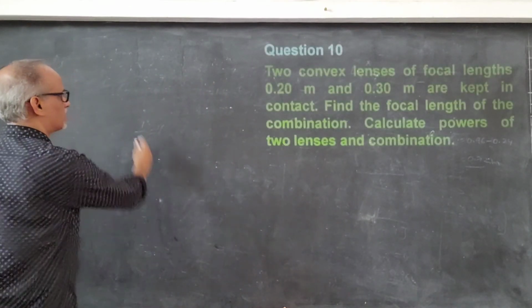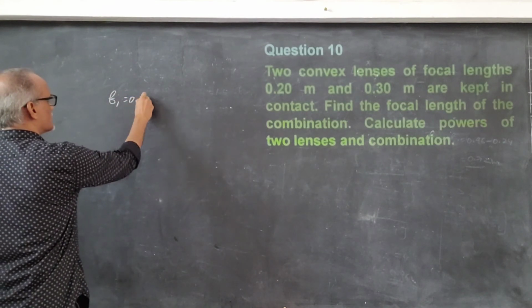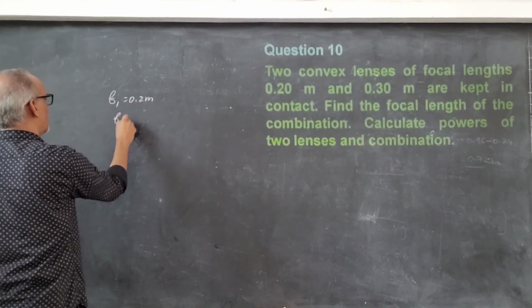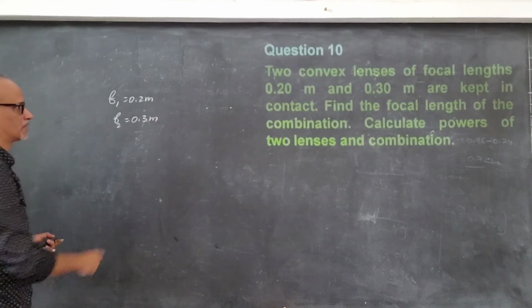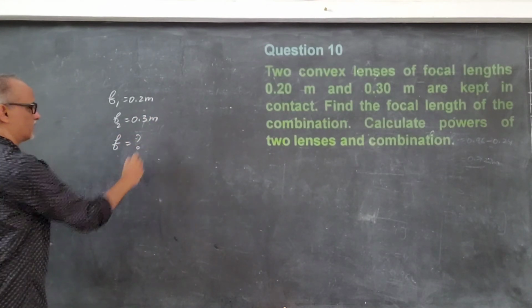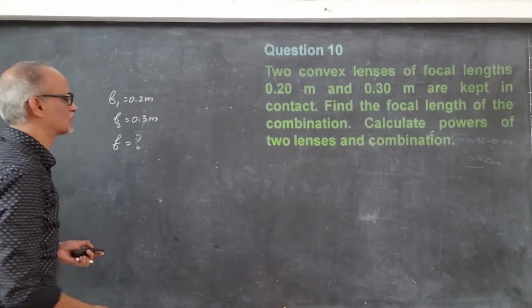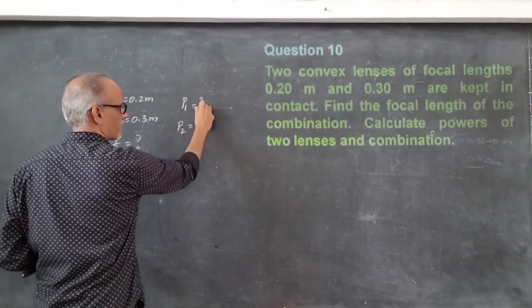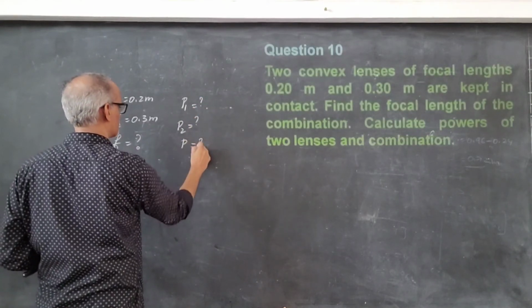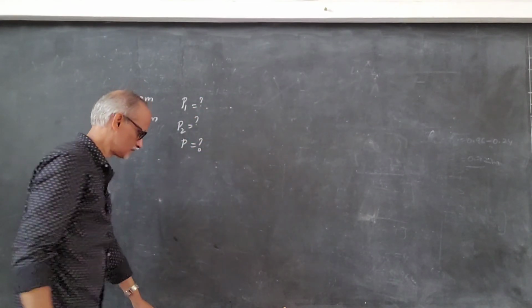Two convex lenses of focal length f1 equal to 0.2 meter and f2 equal to 0.3 meter are placed in contact. Find the focal length of the combination, I have to find f, and then calculate the power. I have to find the individual power and then the power of the combination. So this is the question.